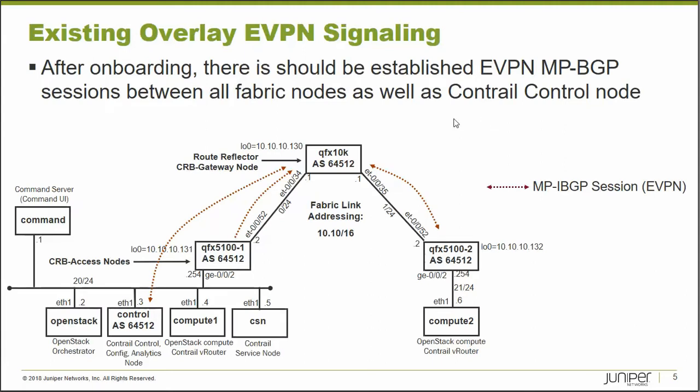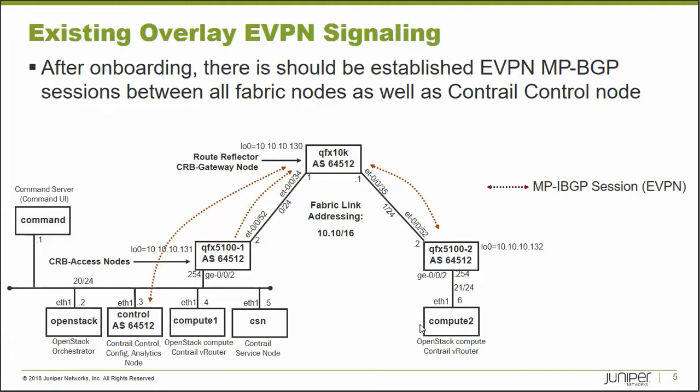So because we have an existing onboarded IP fabric, here's our IP fabric as before. Here's our Contrail Enterprise Multicloud cluster that's already been laid down. We've got an OpenStack node, so an OpenStack orchestrator. We've got the Contrail control node that also does the config and analytics portion.